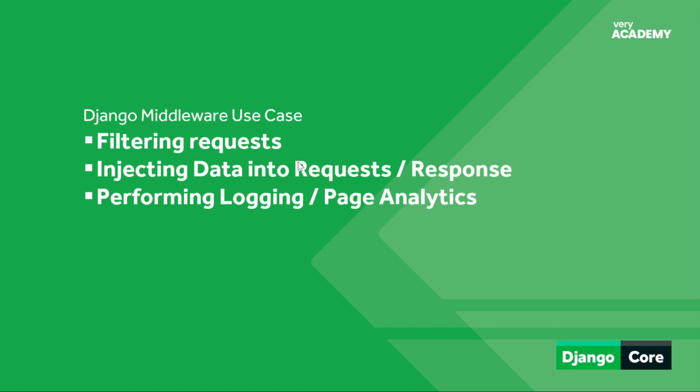You want to filter that and utilize that to build more data that you can then utilize in the response. Probably a very common use case of middleware is to perform some sort of logging or analytics of your pages, or generating user analytics from user interactions on your site.